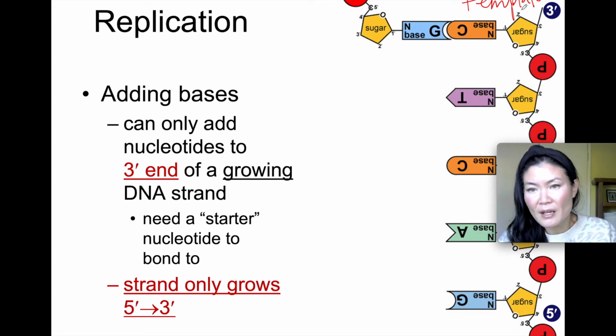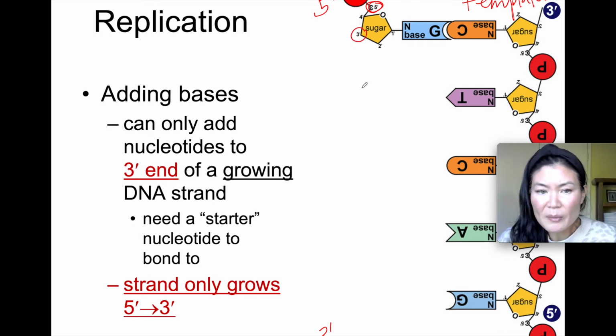On the template, this is the 3' end, and down here, that's the 5' end. And then the strand that's being made, this is the 5' end. And then this will be the 3' end down here. How do we know that? This is the 5' carbon. 5' carbon is closest to that end. This is the 3' carbon.